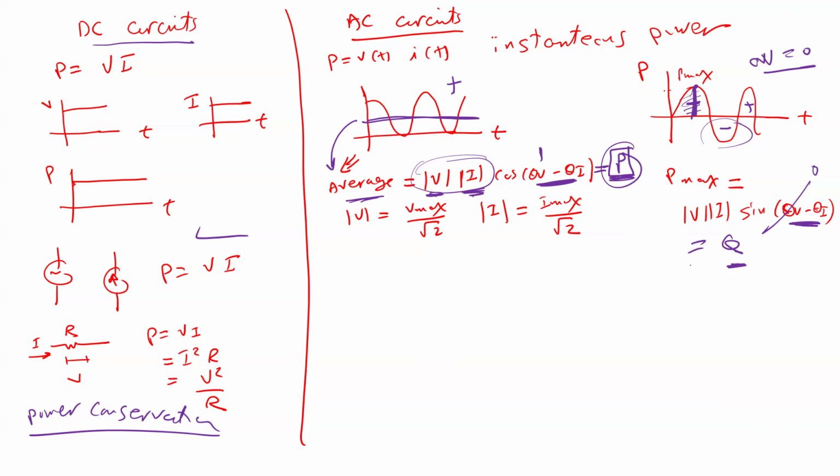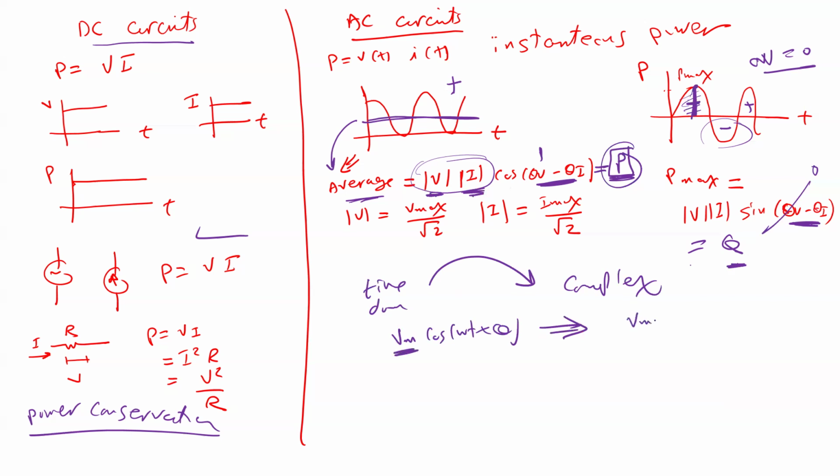So now the question is, how can you calculate the power? Similar to before, if you have a circuit in the time domain, you need to convert the circuit to the complex domain as we did before. The only difference is when you do this conversion, for V maximum cosine of omega t plus theta, instead of making it V maximum, you need to divide by square root of 2.